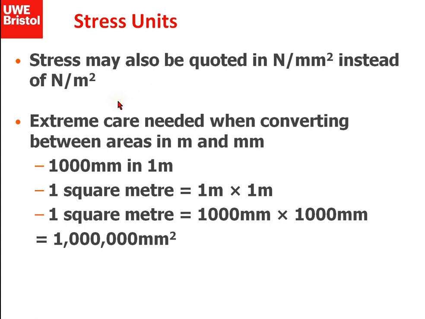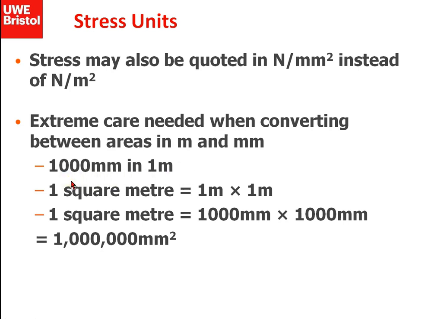So just emphasizing this point that stress can be quoted in different units. It's quite common to see engineers quote stress in terms of newtons per millimeter squared instead of newtons per meter squared. That's quite a common thing you see in engineering design.